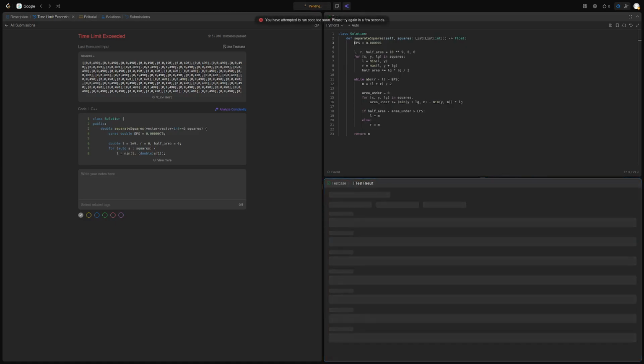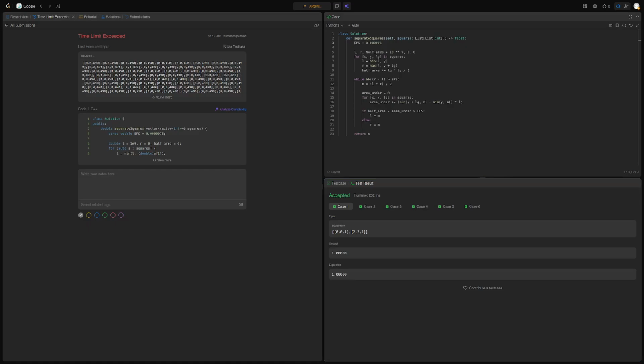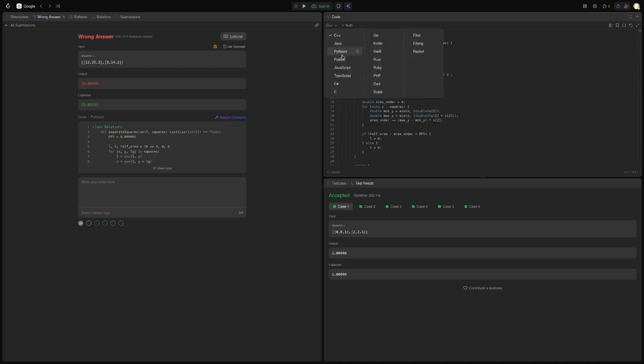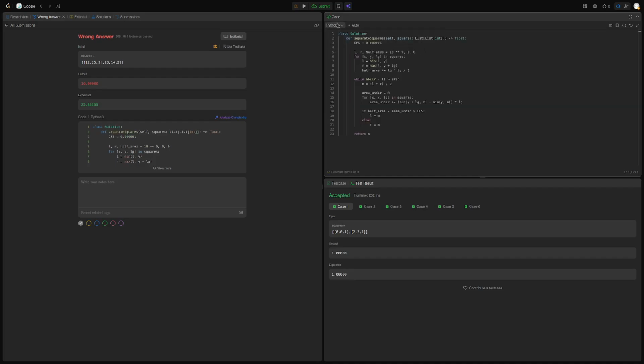This runs in 300 and it runs faster in Python than in C++. You have to be shitting me, dude. You have to be shitting me. What the hell? So L is min, LS1 and then that's max. So R is max.